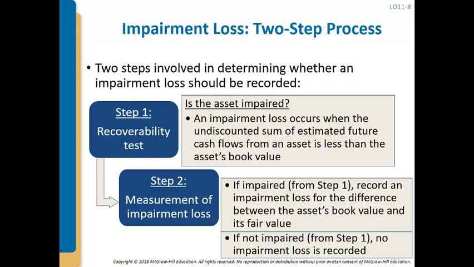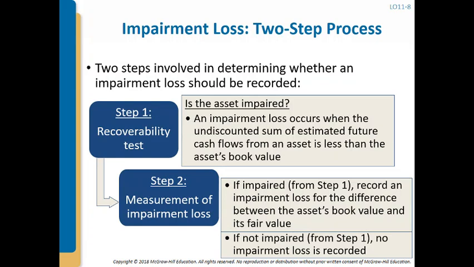All right, so for depreciable tangible and intangible assets, figuring out your impairment loss is a two-step process. Step one is called the recoverability test.